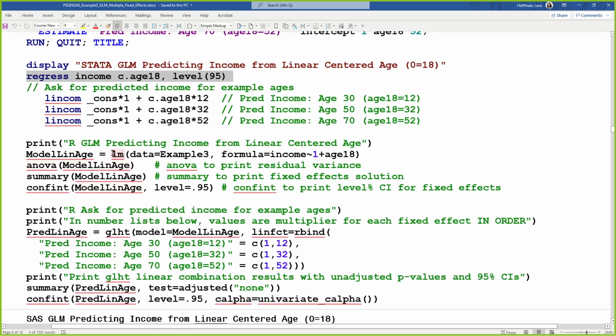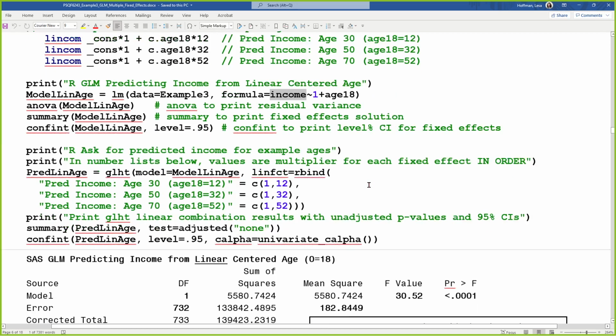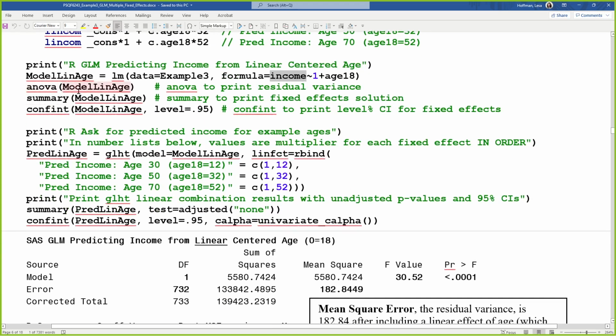And in R, I'm using the lm function. Formula equals income, squiggle, 1 plus age 18. Then 3 pieces of output are being requested from this model: get the residual variance, get the results of everything, and then get confidence intervals.